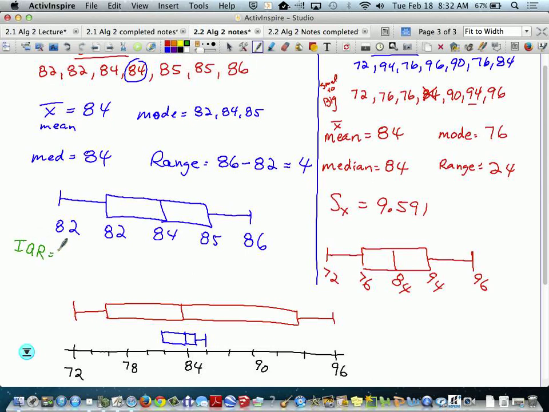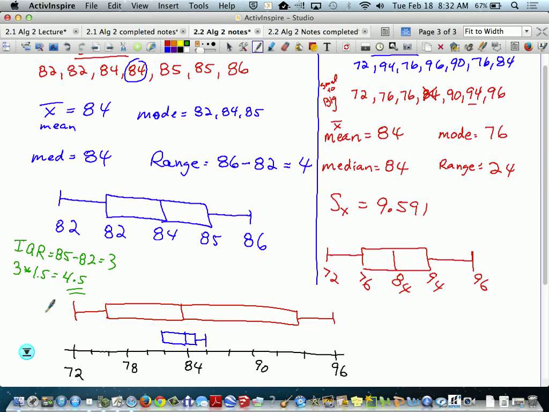IQR equals Q3 minus Q1, 85 minus 82. So the IQR is 3. What should I do with that number if I'm going to look for outliers? I should take 3 times 1.5, and what do I get? 4.5.